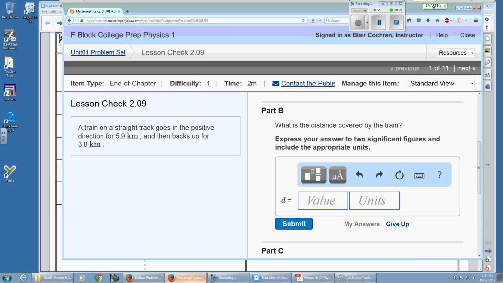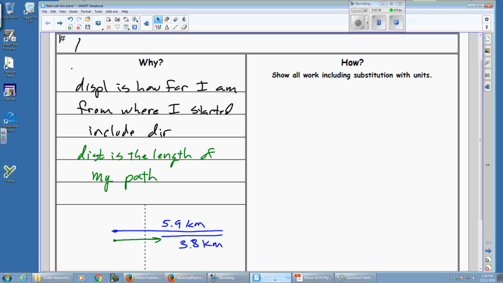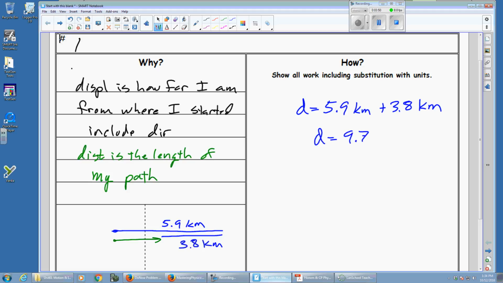What is the distance covered by the train? Now, let's see, everyone has different numbers. So my distance, if I remember from yesterday, is how long my path is. So that'd be 5.9 kilometers plus 3.8 kilometers. And that would be for me 9.7 kilometers.